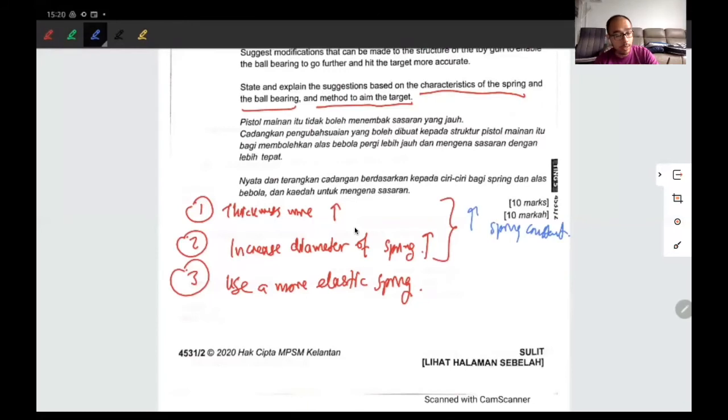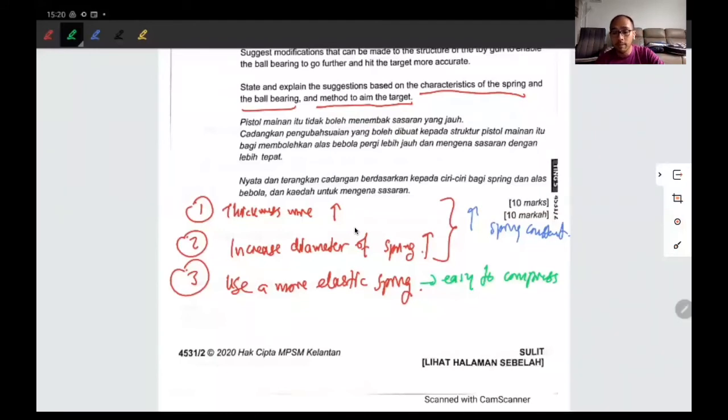This one will be easy to compress. Since it's more elastic, it's easier to compress, therefore it will be able to shoot the ball bearing a lot further. So the first 3 points are related to the characteristics of the spring.